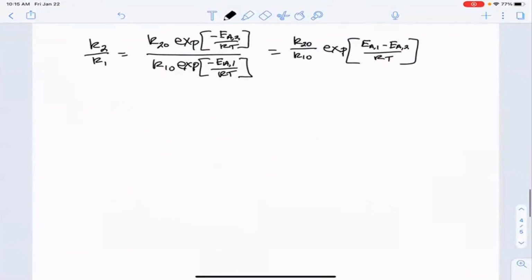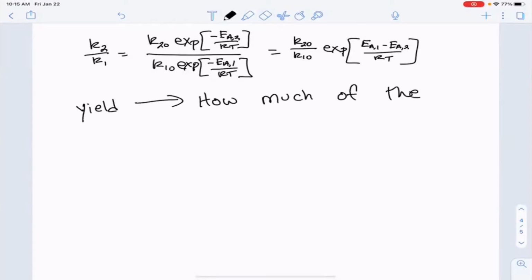Now, there are 2 types of yield, and yield really deals with how much of the desired product have we made, or do we have, or are we making?